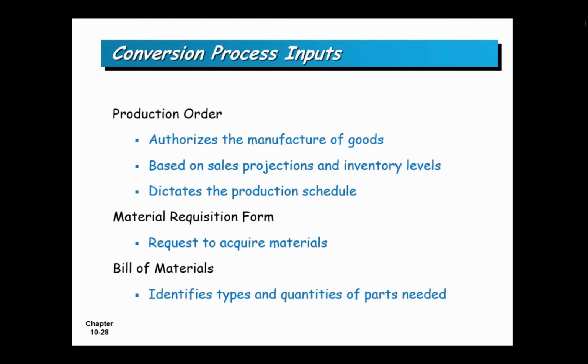You need a ton of scrap metal, and that's it, or whatever it might be. And then it tells you you need rivets and scrap metal and whatever else you might need. And so the bill of materials tells you what you need to get the rec for in order to get the materials so you can build whatever the production order tells you to build.